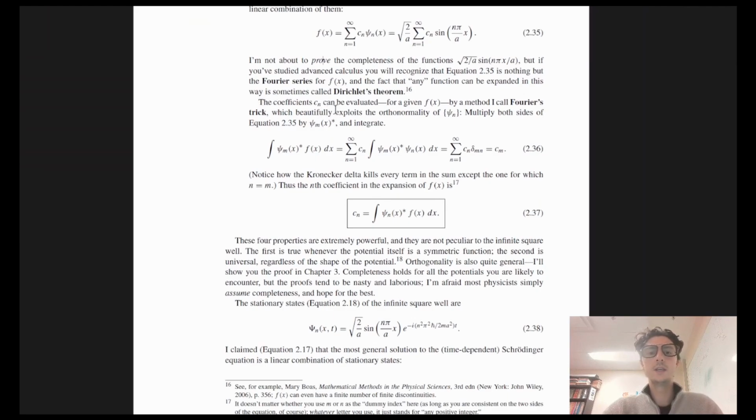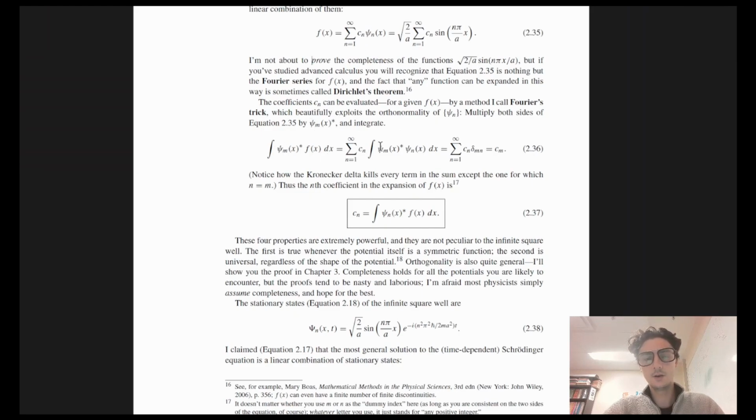The coefficient c n can be evaluated for a given f of x by a method I call Fourier's trick, which beautifully exploits the orthonormality of the psi n's. Multiply both sides of equation 2.35, right here, by psi m complex conjugate and integrate. On the first side we have f of x multiplied by psi m complex conjugate, integrated, like the inner product of psi m complex conjugate with f of x.